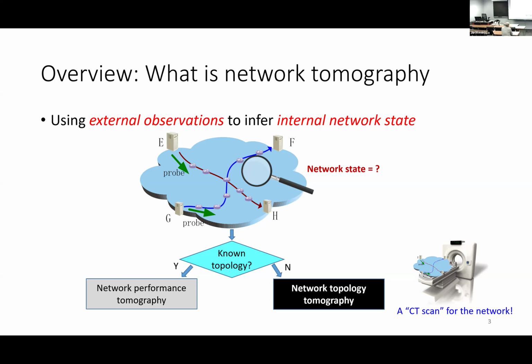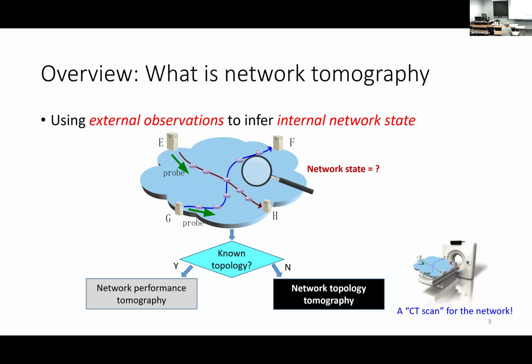And you don't do it just from one pass, you do it over many, many passes from the peripheral points outside this closed object. And you use multiple such end-to-end measurements to reverse engineer what could be the internal state of this black box object that could have generated this set of end-to-end measurements I've seen. It's essentially about solving an inverse problem.